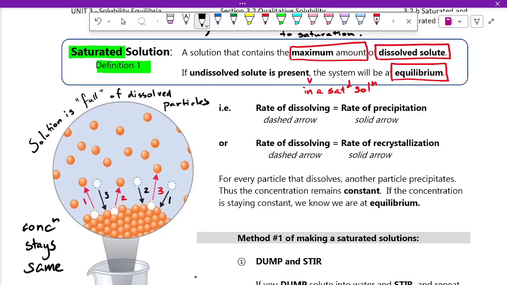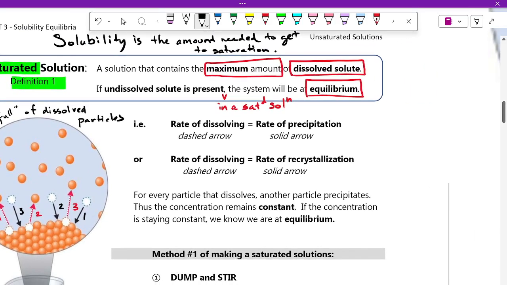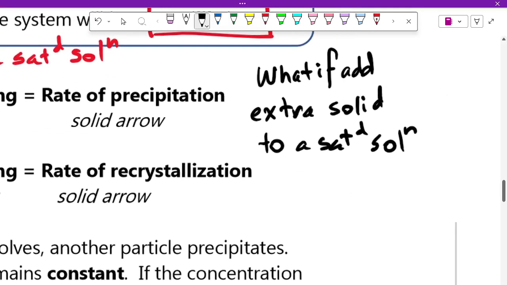What if I added extra solid? What if we add extra solid to a saturated solution?